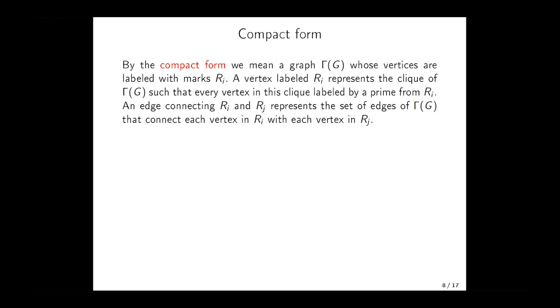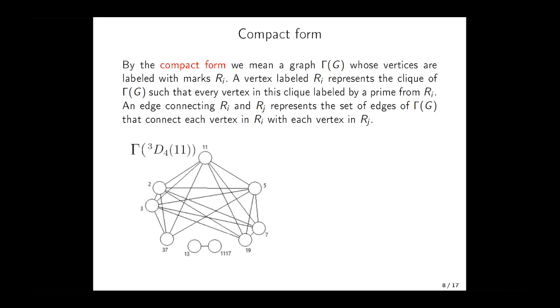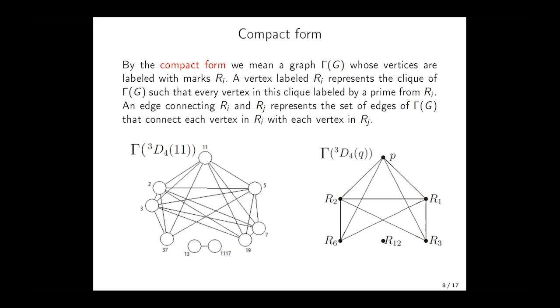And just to show you the difference in how we can visualize the prime graph and its compact form, here is a prime graph for 3D4 over the field of order 11. And this is its compact form. As you can see, using Zsigmondy's theorem, we grouped up the vertices. For example, consider the vertex in the compact form labeled by R3.